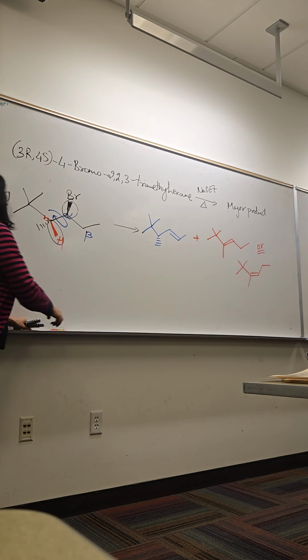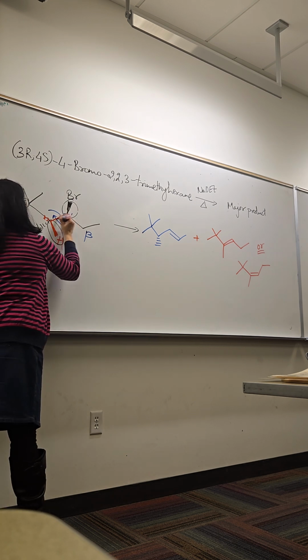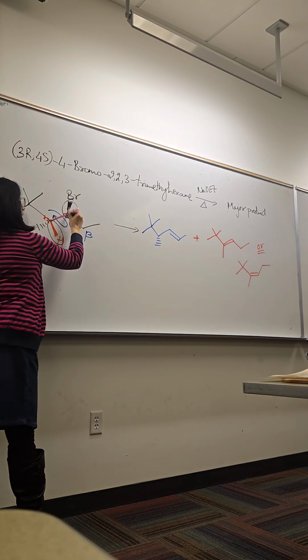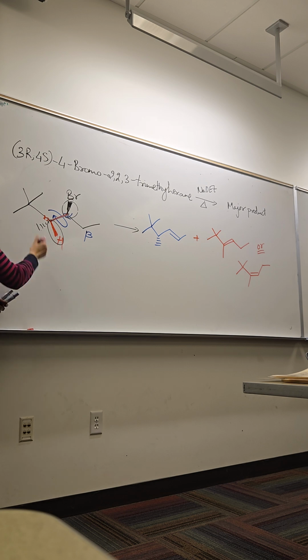So Newman projection, we are going to draw Newman projection along that bond right there. And this time I'm going to look at it from this side. Is that okay with you all? Okay, so what am I seeing? I'm seeing the front carbon, back carbon. Front carbon, I'm seeing the t-butyl group on the front, top.